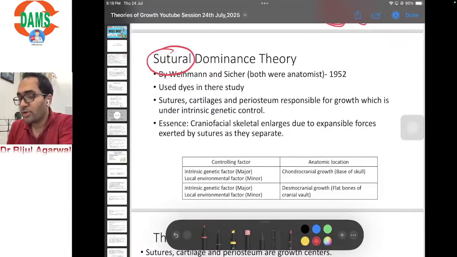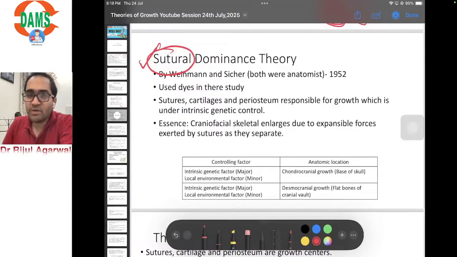Okay, so according to this theory, growth of the craniofacial region is by these sutures. Sutures are not only present in the cranial wall, they are present in the midface region as well, at the junction of like zygomatic-maxillary suture, frontomaxillary, frontozygomatic, and so on, which you all know from your anatomy classes.